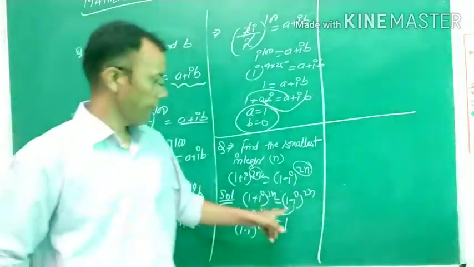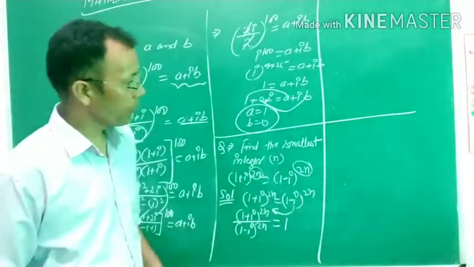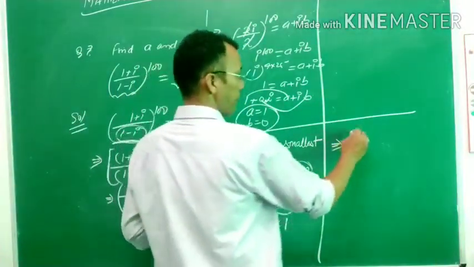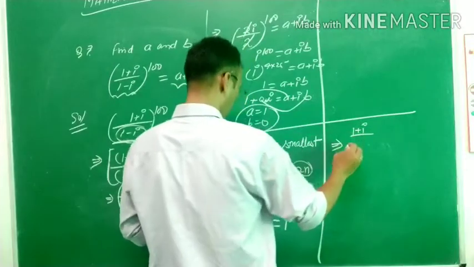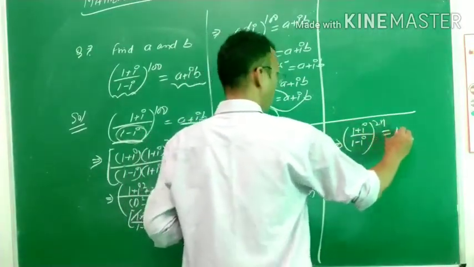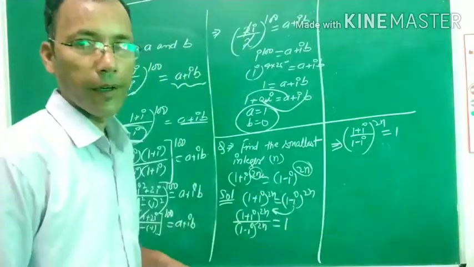That means both sides are divided by (1 - i)^(2n). This implies ((1 + i)/(1 - i))^(2n) = 1, using the exponent rule.